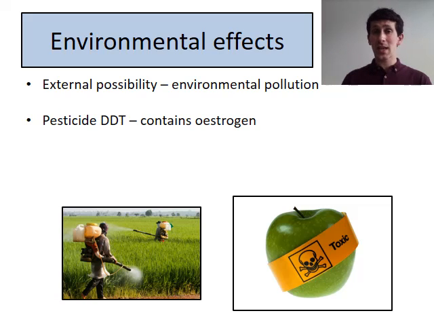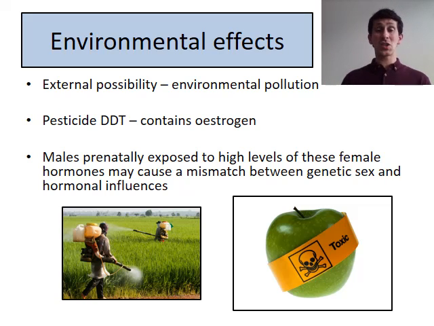And DDT contains estrogen, and it's been suggested that if males are prenatally exposed to high levels of estrogen and DDT, then it could cause gender identity disorder. It could cause a mismatch between their genetic sex and their hormones. Okay, so this could be potentially one reason. Prenatally, if a male is exposed to high levels of DDT and estrogen, it might explain the reasoning for maybe a more feminized brain.